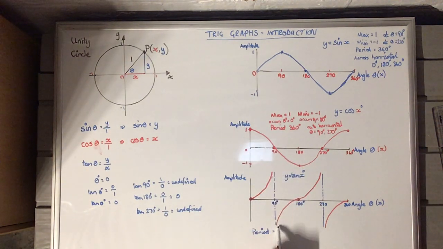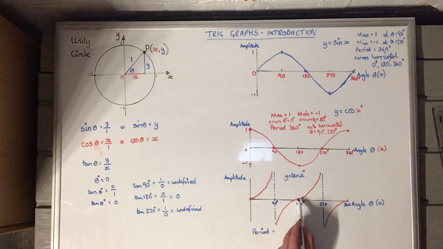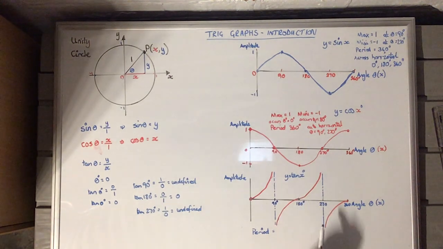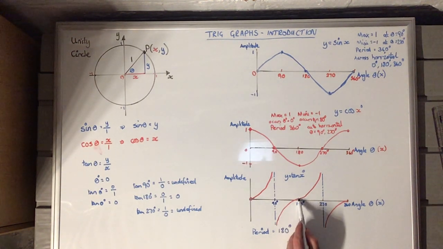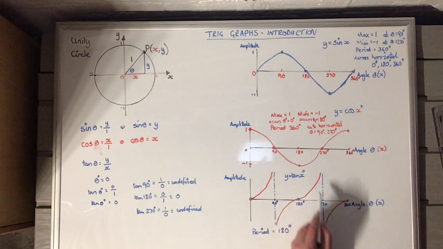Then after 90 degrees it comes back from negative infinity and curves up to 180 degrees, and that's 0. And that we started at 0 degrees and a value of 0, the amplitude was 0. So the next time it's 0 amplitude again is 180. So the period is 180 degrees, not 360. So you've got to be careful with that, because that curve there and that curve there, it's just a repeat of that one. So you get two tan graphs, if you like, in 360.